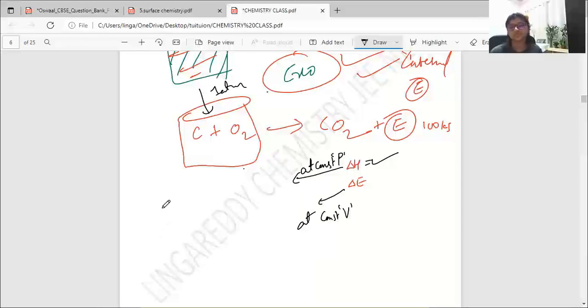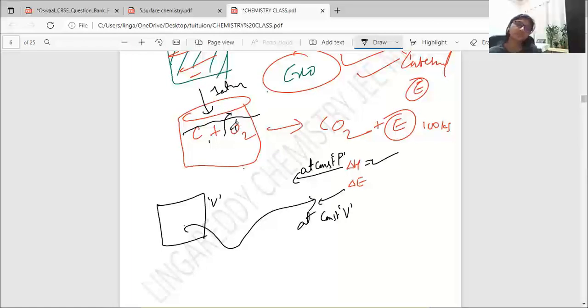Reactions which take place in a closed vessel, like a pressure cooker, come under delta E. Here the container volume is fixed. You may think, sir, here also the container of 50 ml is fixed. No, the solution may increase or decrease, there is no restriction here.